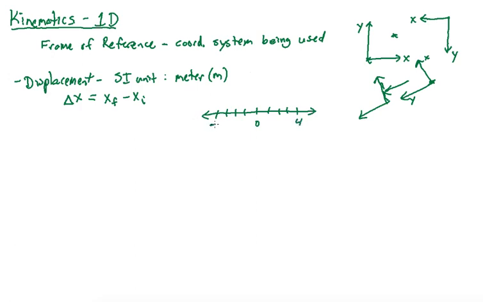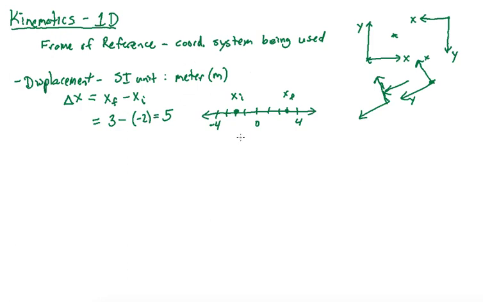You could start at, say, -2, and this would be x initial, and end up at +3, that would be x final. And so you'd say that your displacement then is +3 minus -2, your initial position, and that gives you, of course, a 5 for displacement, of whatever unit this happens to be, 5 units. And that would be your displacement.